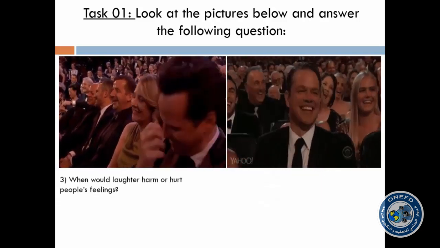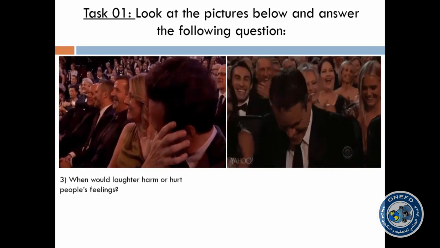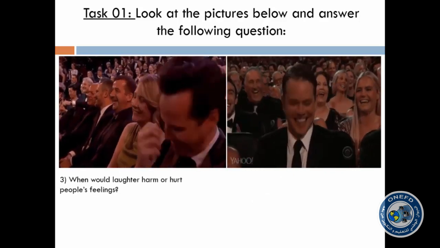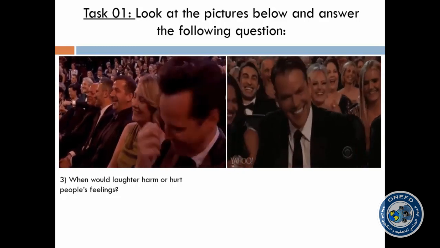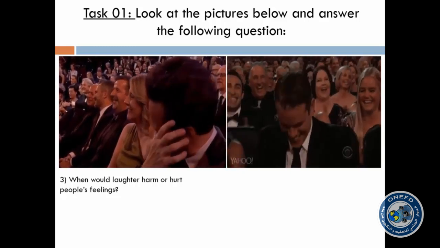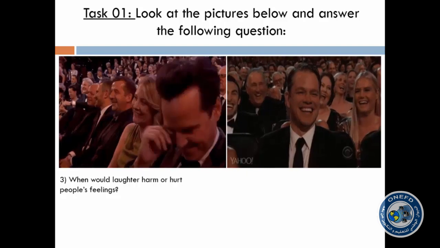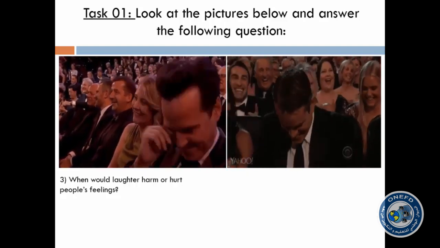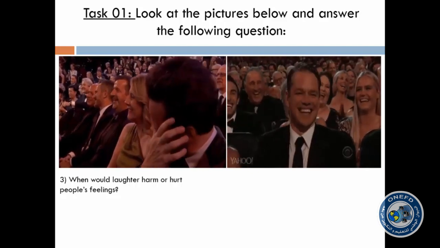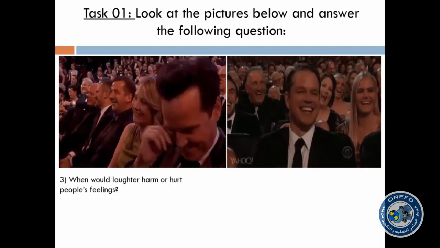When would laughter harm or hurt people's feelings? As we said, laughter is idiosyncratic. When you find something funny, some person would not find it funny. It can harm him. It can hurt his or her feelings. So when would we harm people or hurt their feelings?